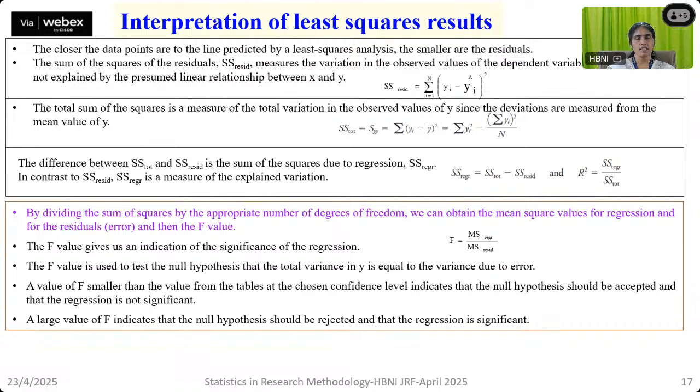And if the calculated F value comes out to be more than the critical value of F for the corresponding numbers of degrees of freedom, then we can say that there is significant variation due to regression.